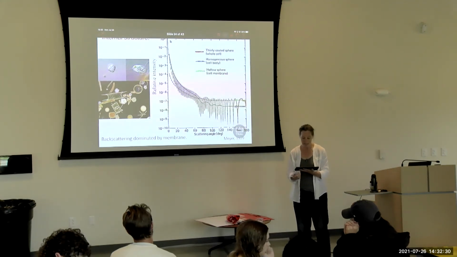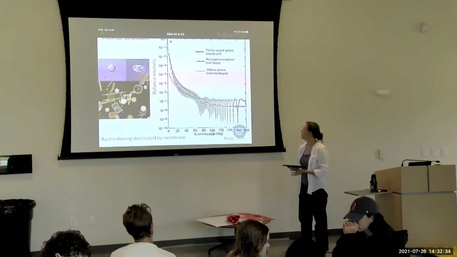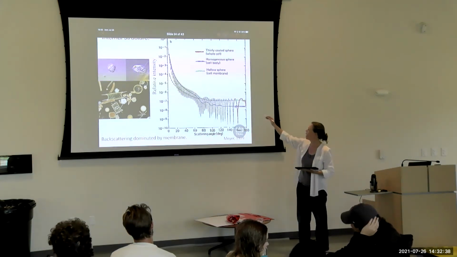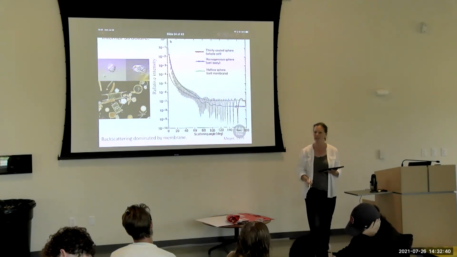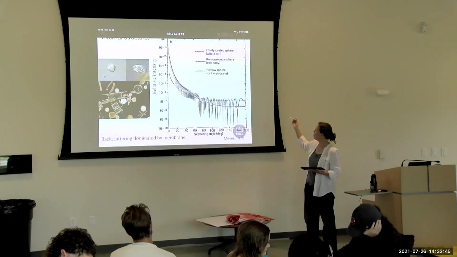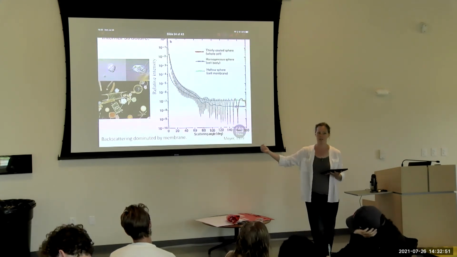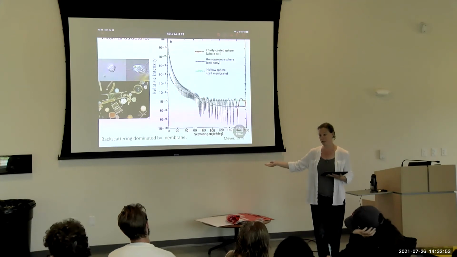And so what we see is that the cell body is dominating the scattering in the near forward direction. So if you follow that blue line up, you see that's the one that's the most peaked in the near forward direction. And the outer shell, so the cell membrane, has much less scattering in the near forward direction, but dominates scattering in the backward direction.